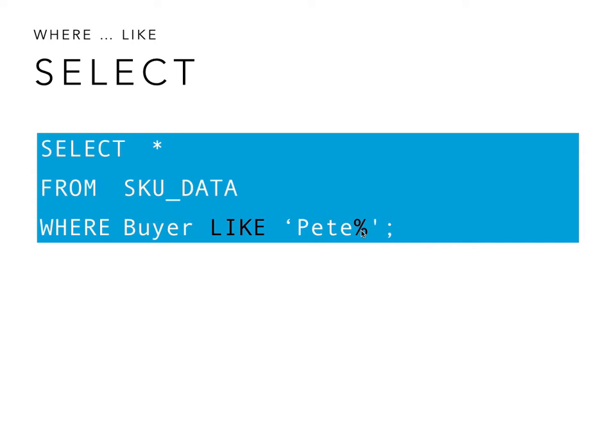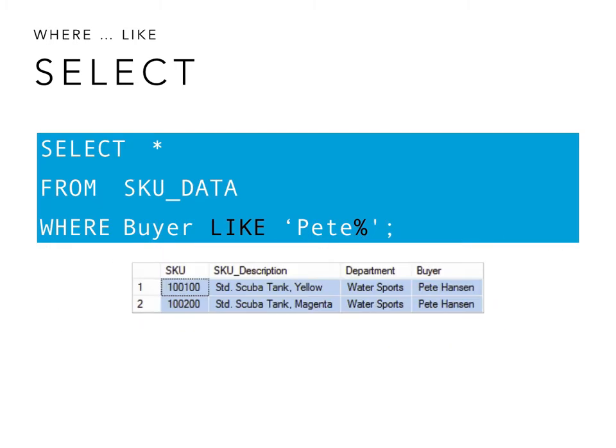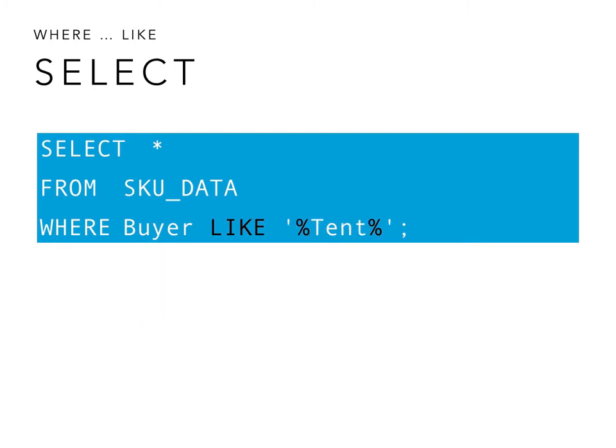Just P-E-T-E, end quote, wouldn't match. Does this make sense as a wildcard character? Percent matches one or more characters. We know this is going to get Pete Hansen, one of our favorite buyers.